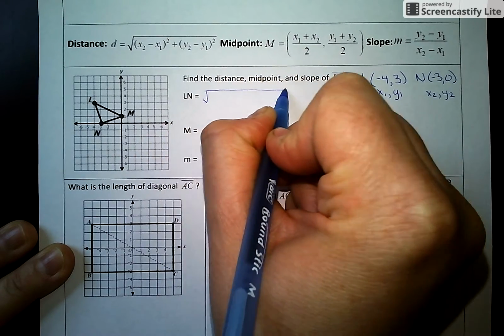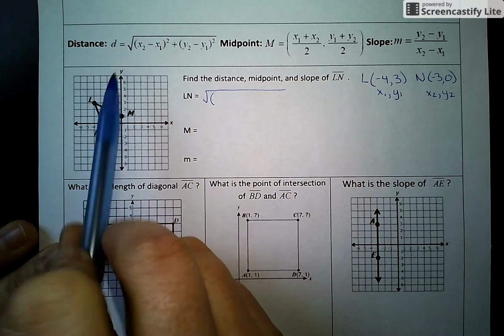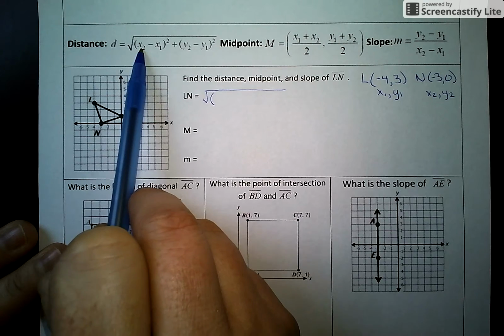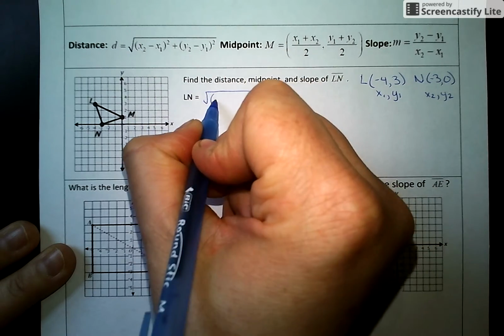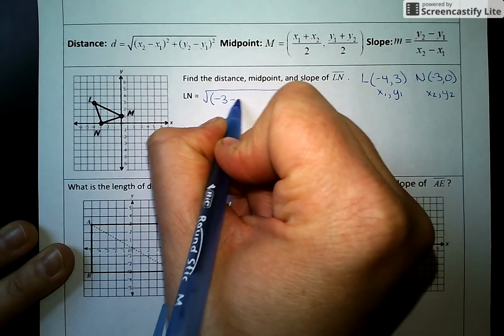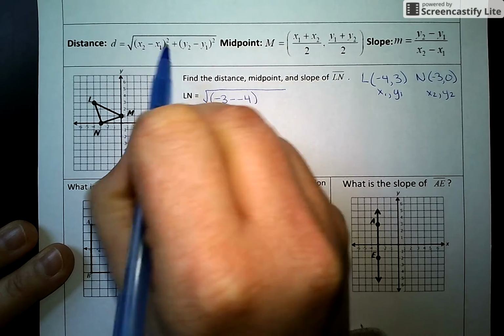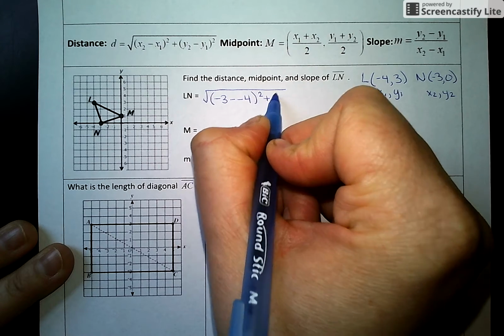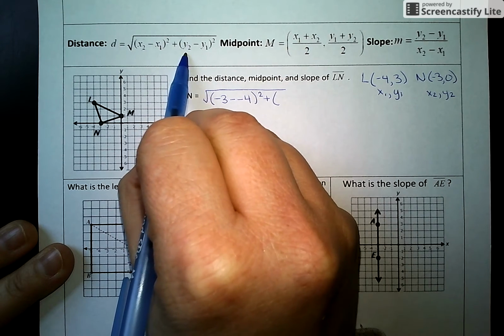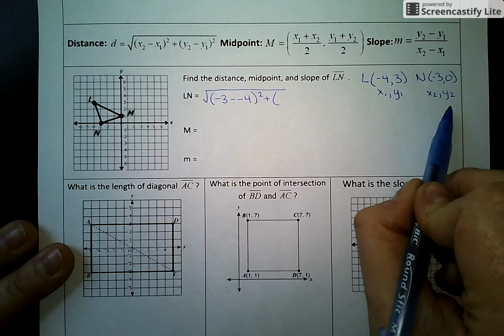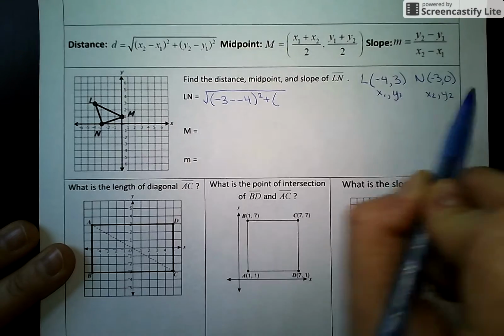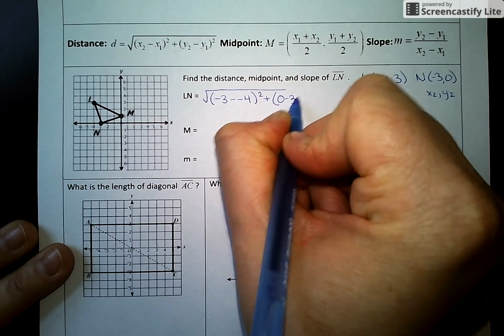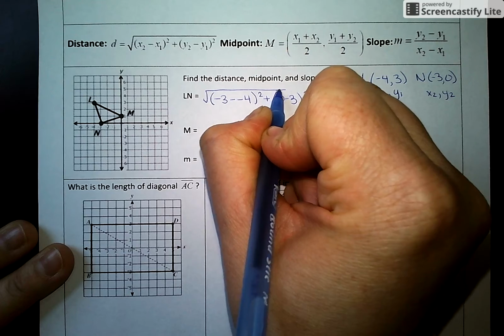Start with a square root. The formula calls for x2 minus x1. That will be -3 minus -4 with a square on the outside of the parentheses, plus y2 minus y1. That will be 0 minus 3 with a square on the outside of the parentheses.